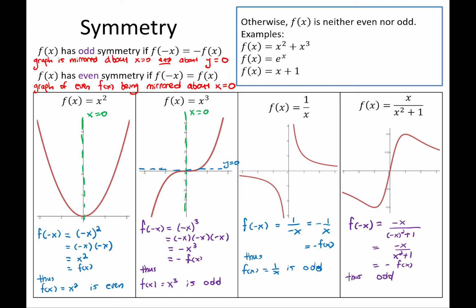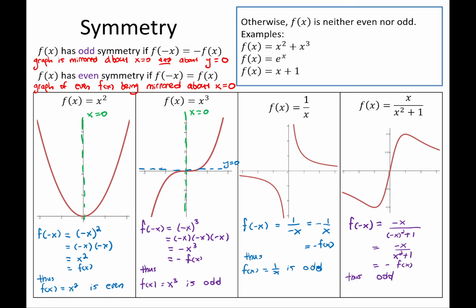And again, the graph has that property. It's reflected about the x-axis and reflected about the y-axis. Doubly reflected. Sometimes called anti-symmetric. I'll resist the urge to use that term.